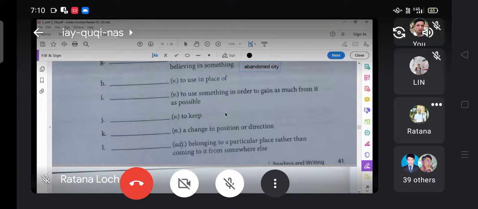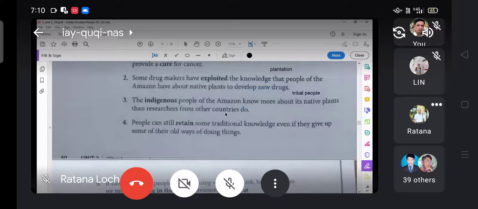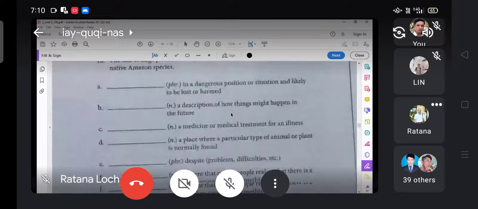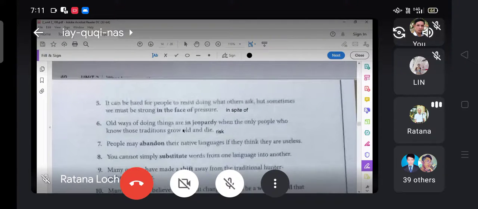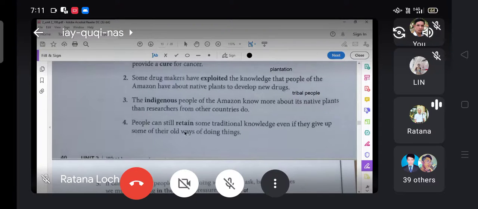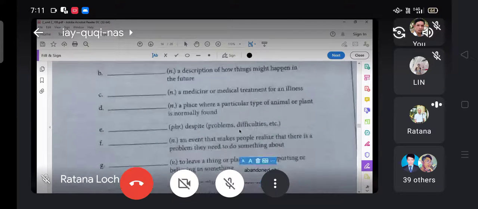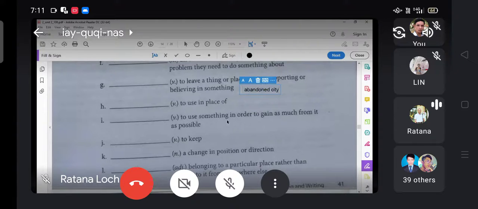Which one? The correct one is exploit. Okay, exploited. You use something in order to gain as much from it as possible.